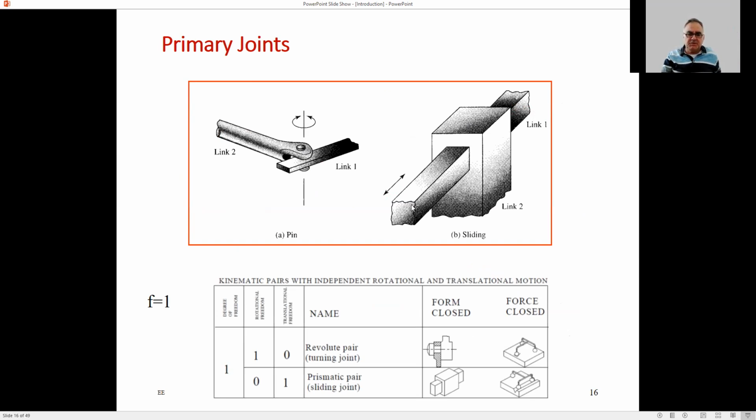Revolute joints and prismatic joints have 1 degree of freedom, because only one motion of one link with respect to the other is possible. In the revolute joint, it's rotation. In the prismatic joint, it is translation. Remember revolute and prismatic joints.